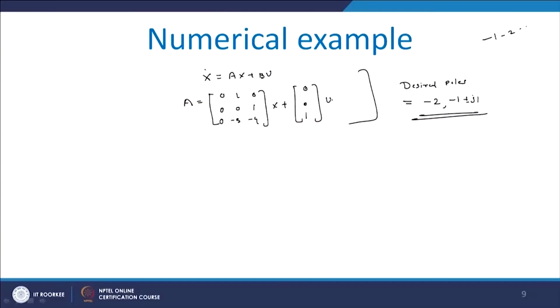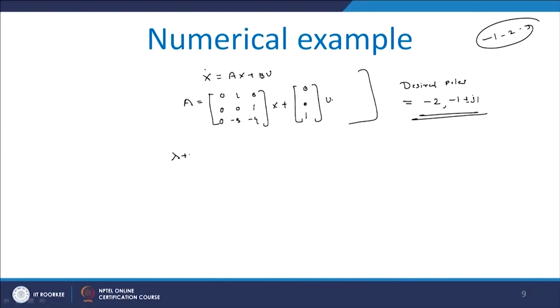You can take desired poles as -1, -2 as well as -3 also, but in that case your system is completely overdamped, there are no transients. Sometimes for faster response we have to make this type of arrangement also. Now these are my desired poles, you can take other poles also, and now we want these poles. So what will be the value of the controller?